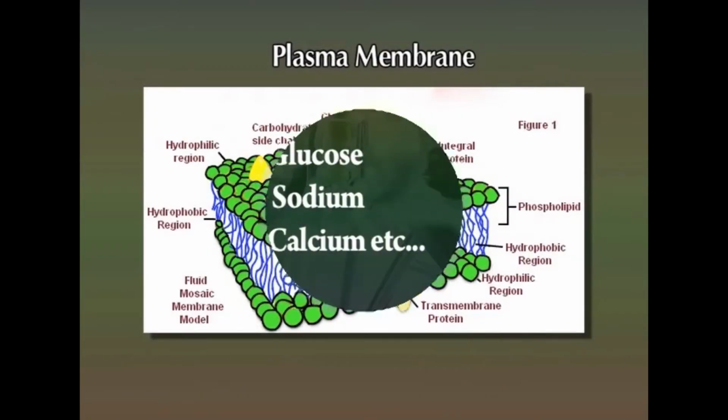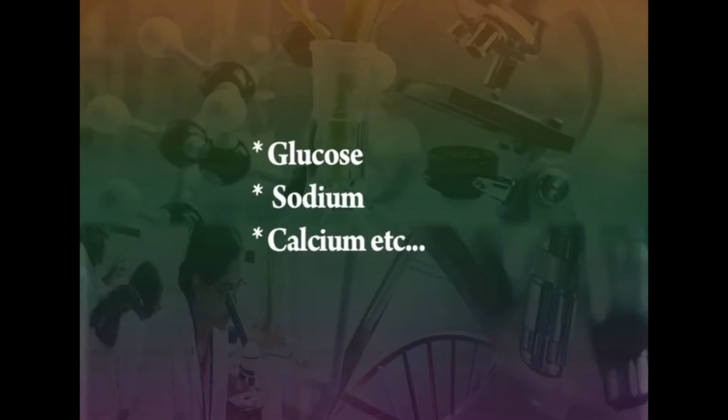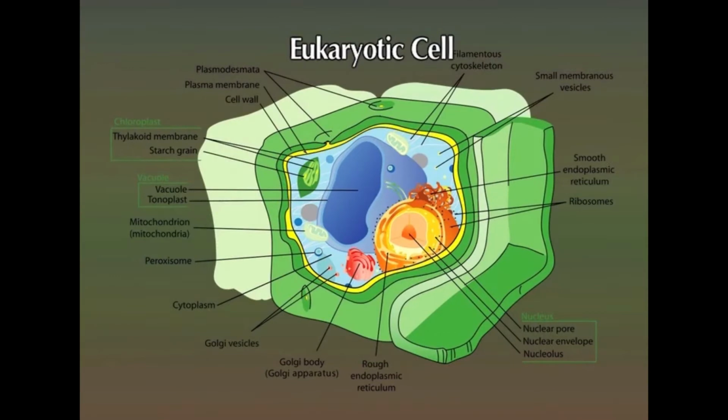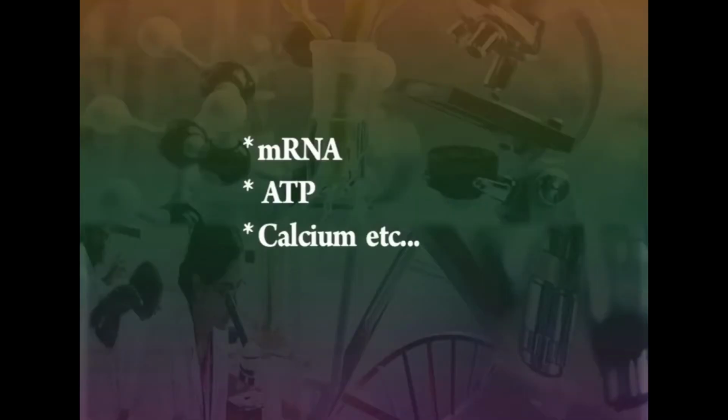Examples of this are glucose, sodium, calcium, etc. In eukaryotic cells, there is also transport in and out of membrane bound intracellular components such as the nucleus, endoplasmic reticulum and mitochondria. Examples of this are mRNA, ATP, calcium, etc.